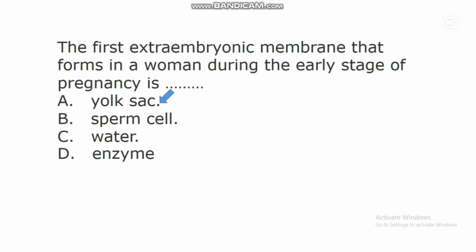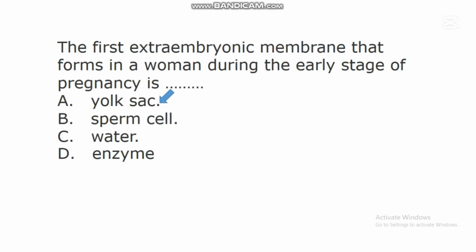Yolk sac is the primitive extra-embryonic membrane that forms in a woman during the early stage of pregnancy. Research has shown in embryology that this yolk sac usually supplies nutrients to the developing embryo, but as the pregnancy progresses, this yolk sac will disappear and the placenta will begin to supply nutrients to the developing embryo.